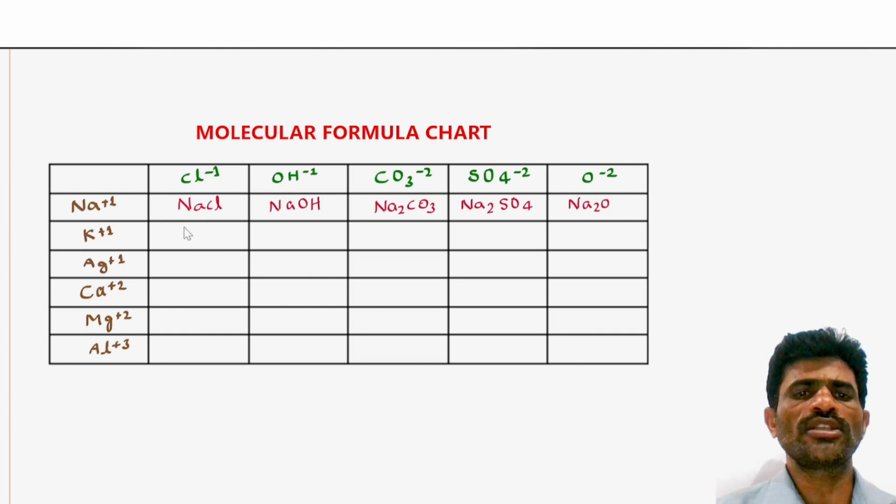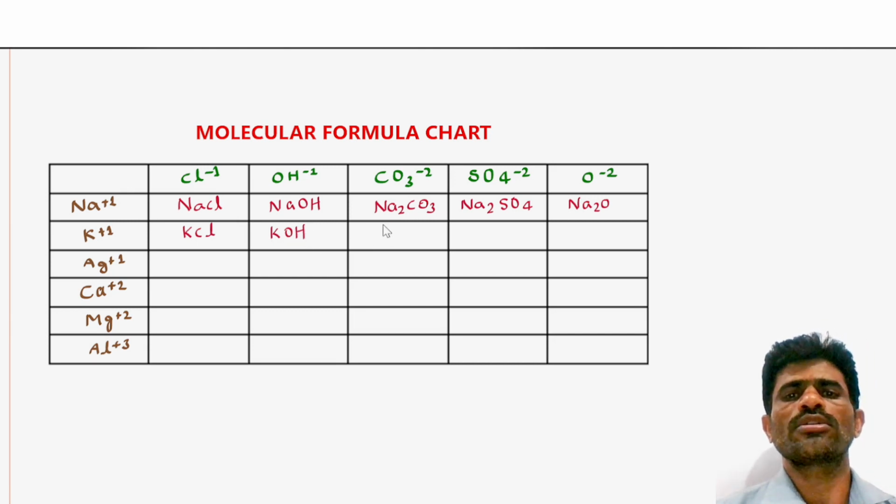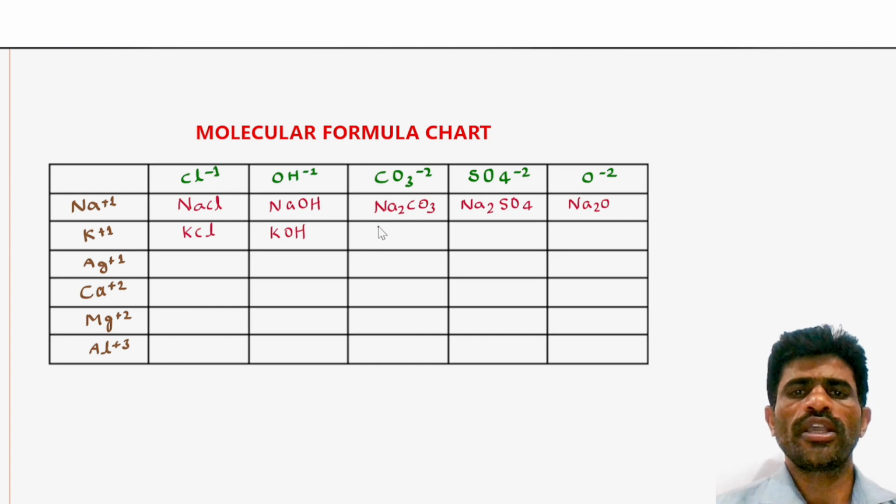Coming to potassium, potassium valency is also 1, chlorine valency is also 1, so it is KCl. Potassium chloride is KCl. Potassium hydroxide, this is also same, KOH, because both the valencies are 1, 1, no need to multiply anything, KOH, potassium hydroxide. Potassium carbonate, again 2 should be multiplied to K, because valencies are different, K2CO3, potassium carbonate.